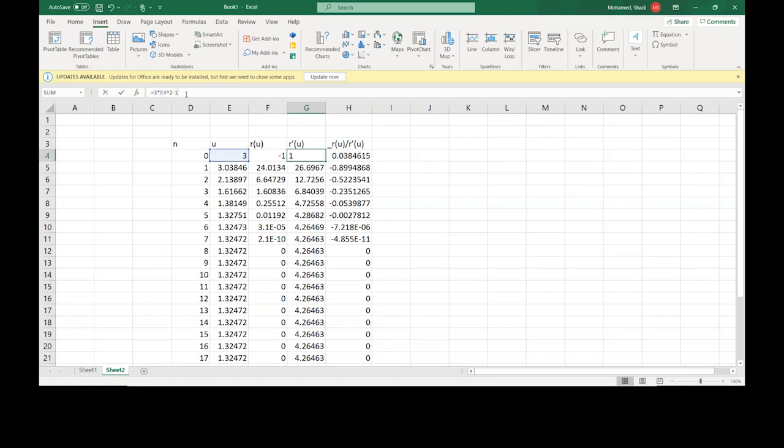And the derivative is going to be 2x, so it is 2 multiplied with this number. All right, so you just repeat this. And you should be getting the square root of 10.